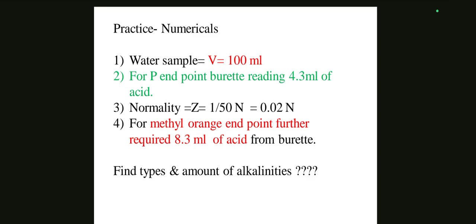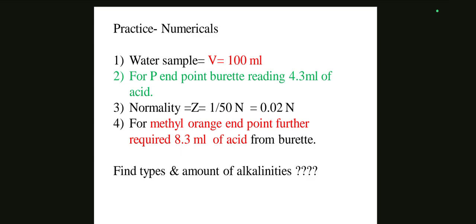Okay, and fourth given, methyl orange end point further required 8.3 ml acid from burette. Further means additional. How much ml required? 8.3. It means for finding the value of Phe2, you have to consider 4.3 and 8.3.